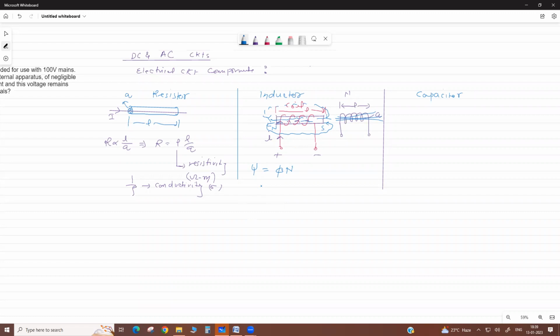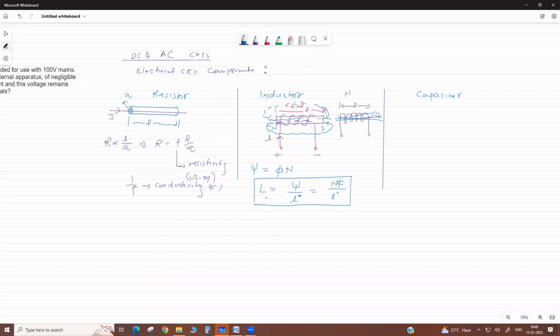Now what is the inductance? Inductance of a coil is nothing but the flux linkage per unit of current, meaning total flux divided by current, that is N phi by I. This is called the inductance of a coil.